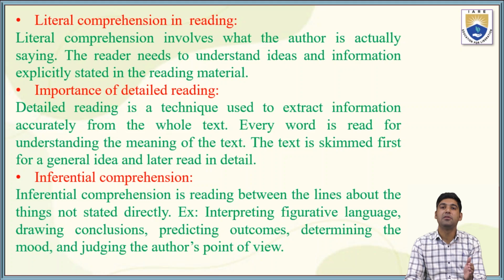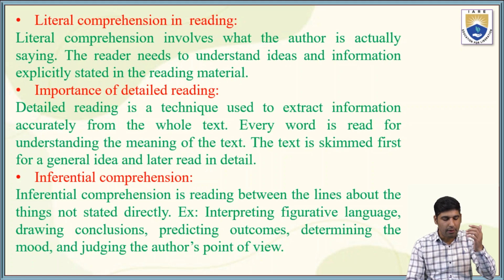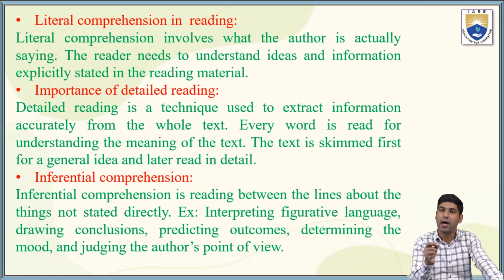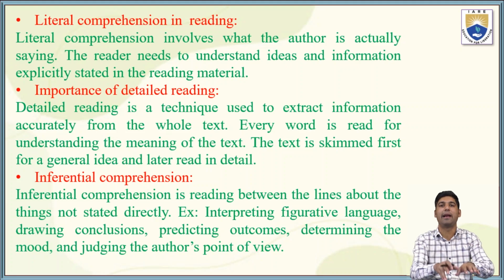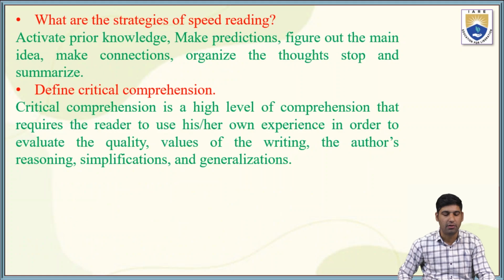If we do detailed reading, we can understand the whole text with all its meaning and grammatical structure. Inferential comprehension is reading between the lines about the things not stated directly. It is the reading which we are doing about those things which are not directly mentioned in the text. Such kind of reading is called inferential reading.